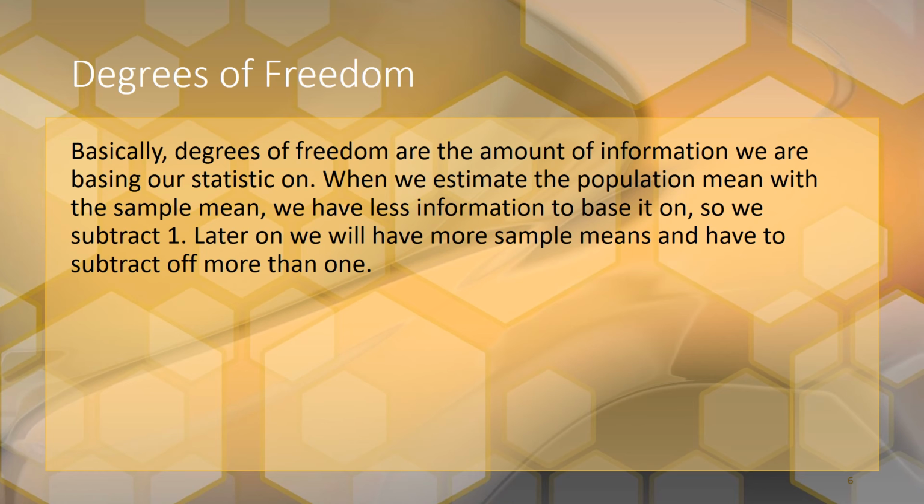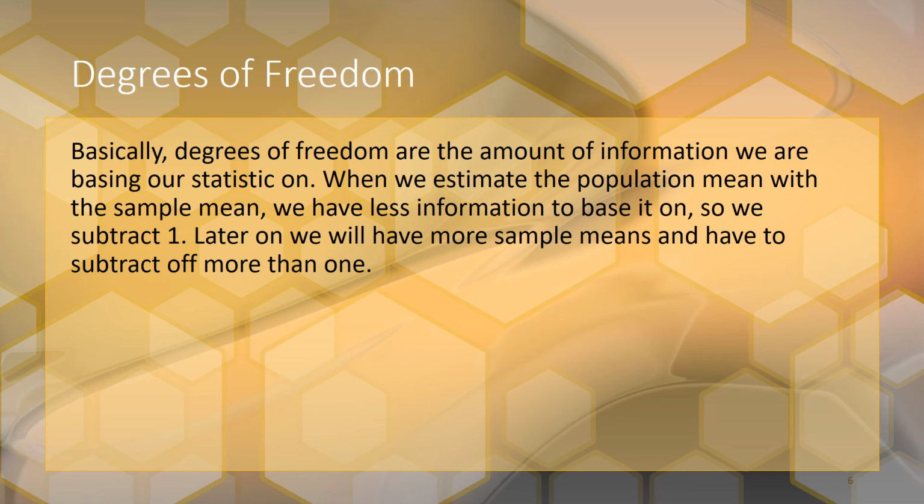If you're using the sample mean instead of the population mean, we're kind of estimating that population mean. So we have less information. We're less sure, right? We're less sure about the sample variance because we're using the sample mean instead of the population mean.